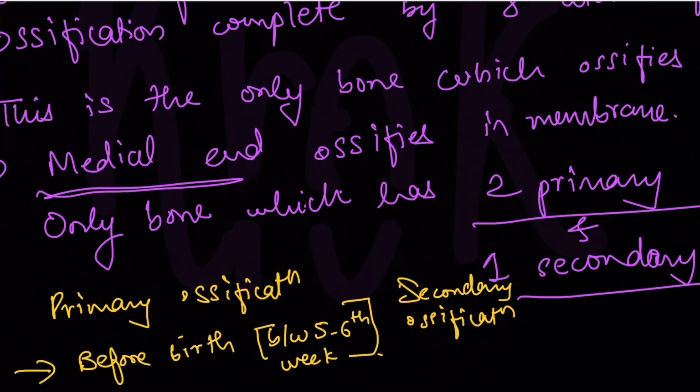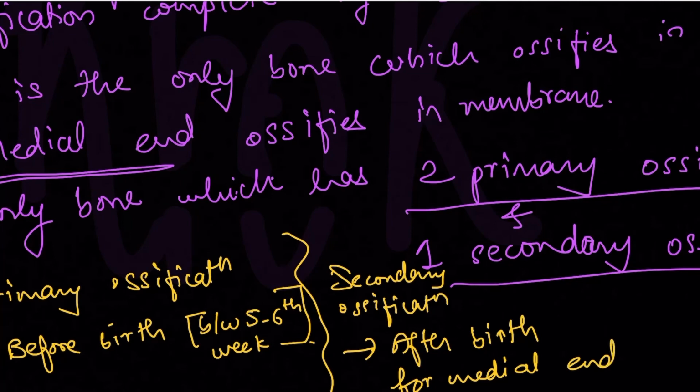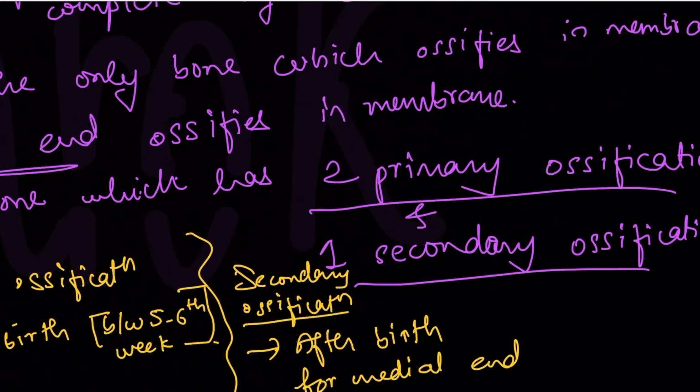The secondary ossification occurs after birth. Okay, and for medial end, this secondary ossification center will appear at 15 to 17 years.